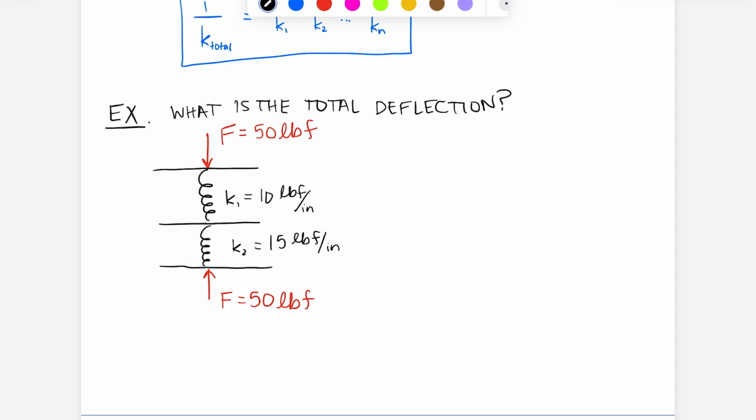Okay, so the easiest way, I think, to approach this is to take these 2 springs and combine them together so that we have an equivalent system that is 1 spring, K total, and that is being compressed by this 50-pound force.